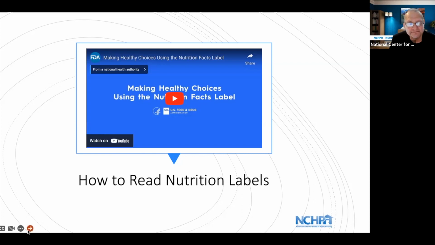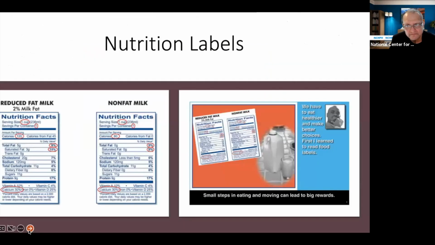Next slide, please, Peter. So again, we are going back to Ray, the person that we met last week, and he went over this and reviewed the difference between the reduced fat milk and the non-fat milk. Look at the same serving size and the same servings per container, but he saw the amount of calories, the amount of fat that he was getting from each of them, and the amount of carbohydrates, which is basically the same for both.